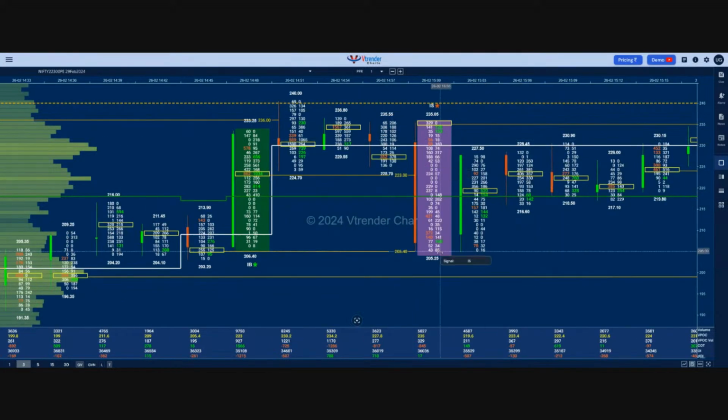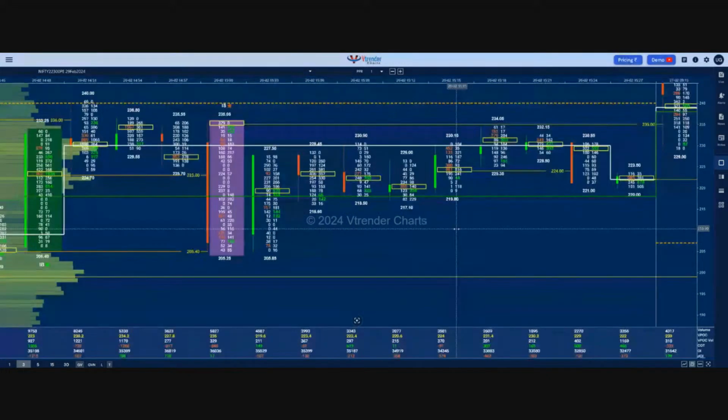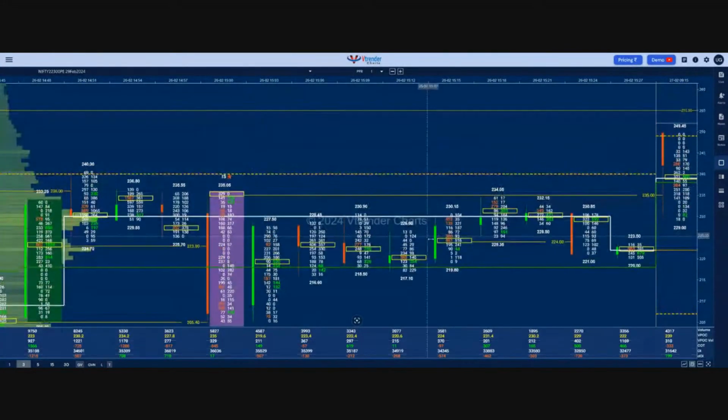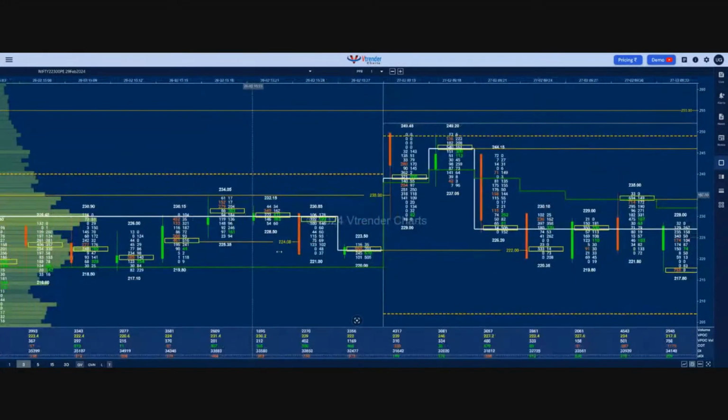So this is what the 22,300 put was like yesterday. So we have the context of the same for today, that yesterday was a normal variation day where we tested that neutral extreme VWAP and we could not break and sustain below it.